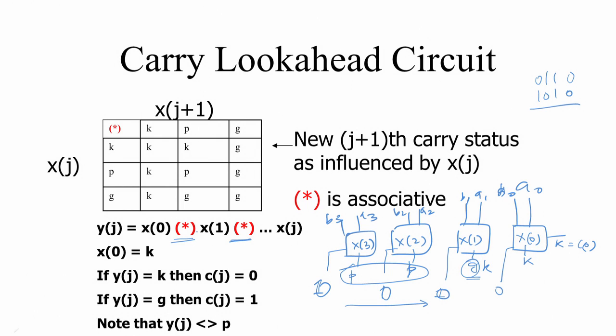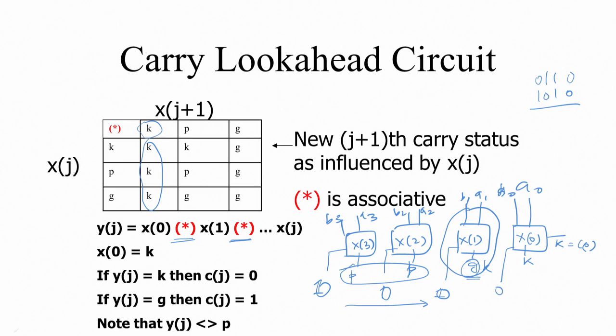Okay. So now we will see this. If my stage j plus 1 is kill, right, then irrespective of what is happening on my right hand side, I am going to have kill completely. If my j plus 1 is kill, that is any stage is kill, then I do not allow anything to propagate from the previous side.